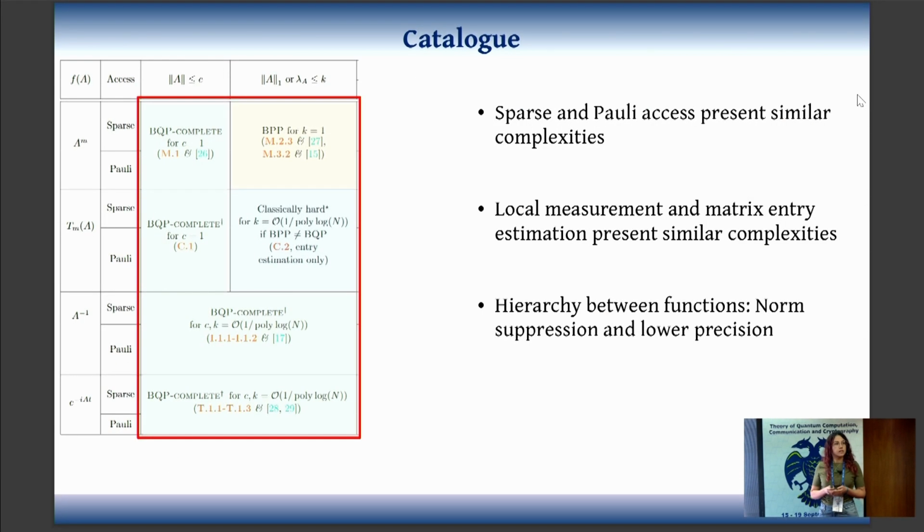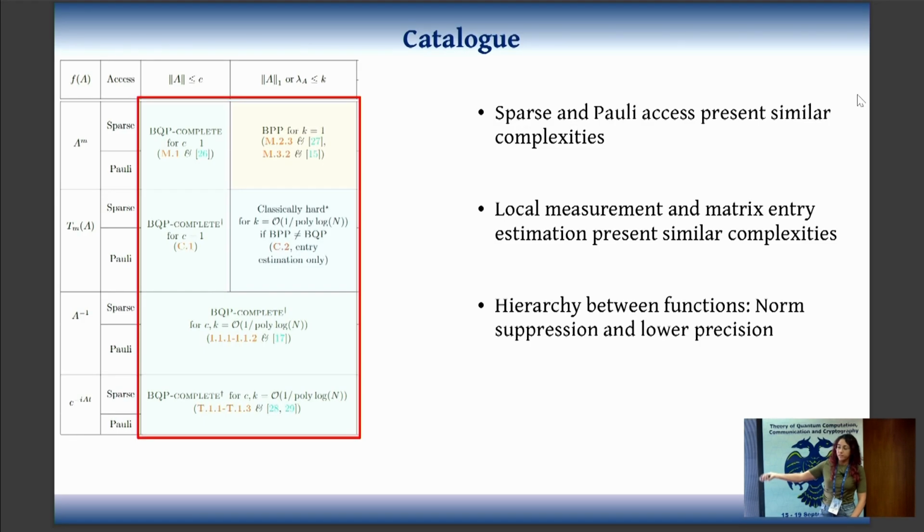The first thing is that all these results for hardness of the problems hold in both access models. So you don't get any special power, at least in general, if you just decompose your matrix in Pauli representation, for instance. All of them remain hard in the sparse access and in the Pauli access.